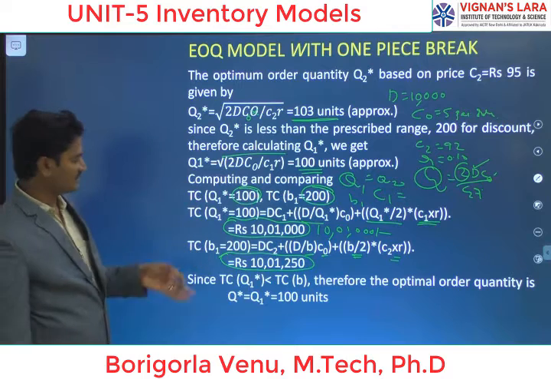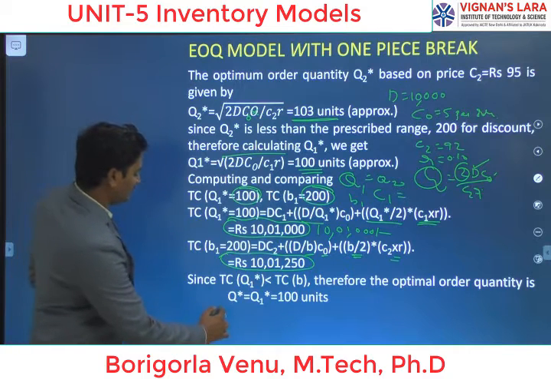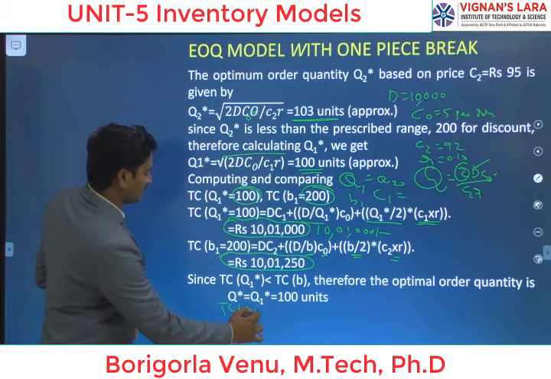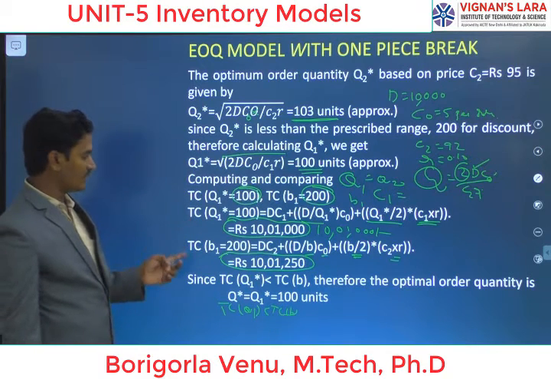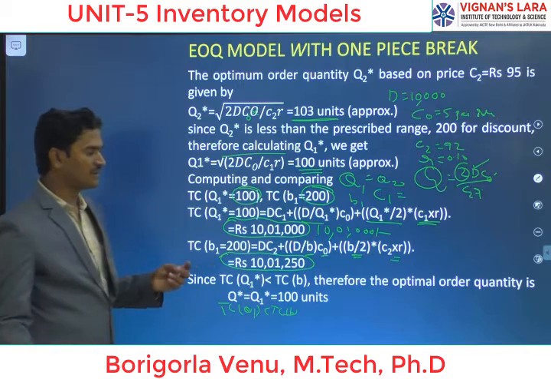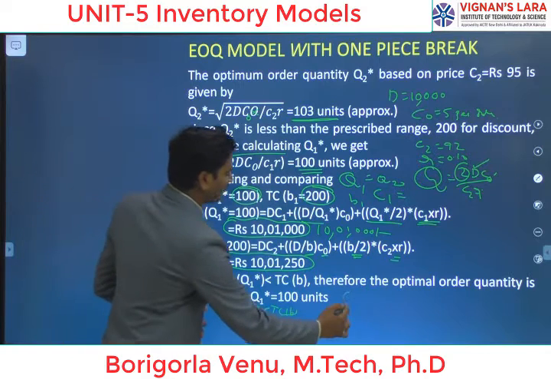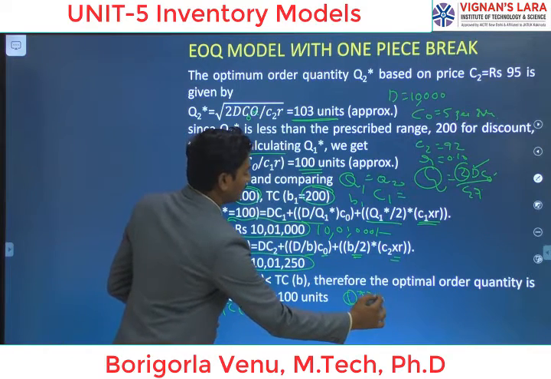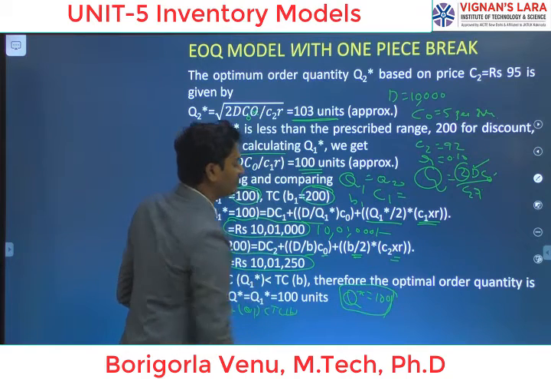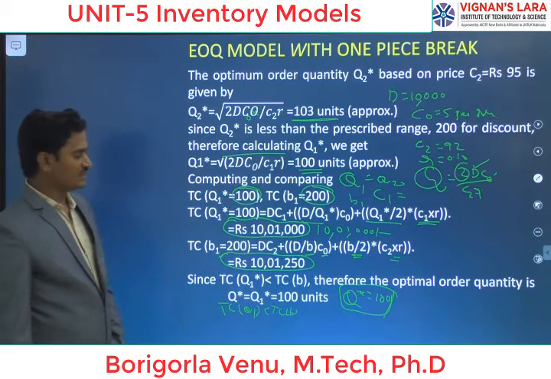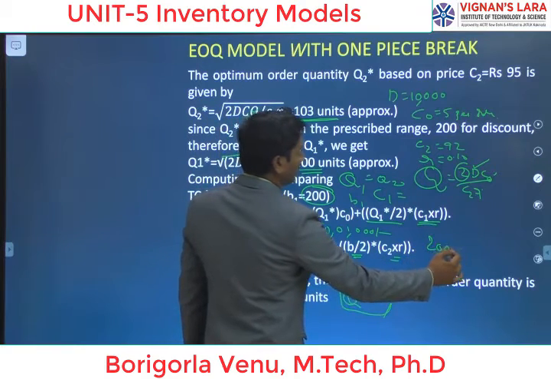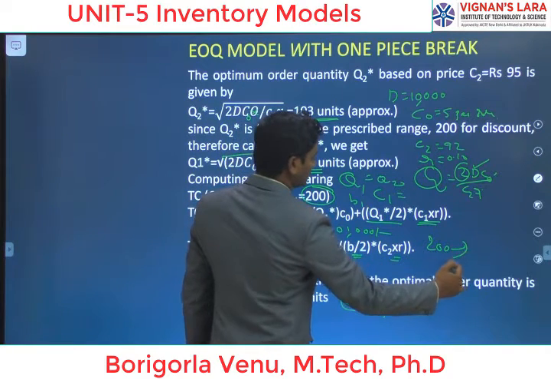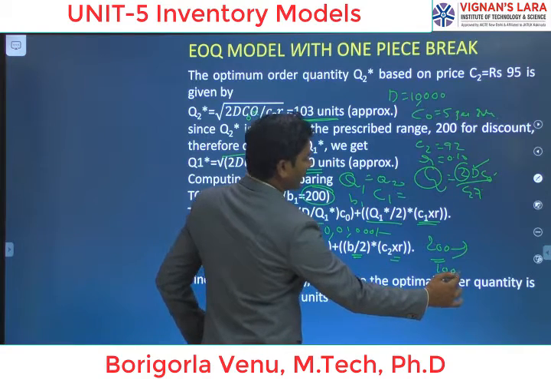From these calculations, since TC Q1 is less than TC B1, here we are going to compare these two. So finally we are going to take the optimal order quantity Q star equal to 100. This is the optimal order quantity we receive from the customers. Here in total we have 200 units. As per cost, we are going to sell the 100 products.